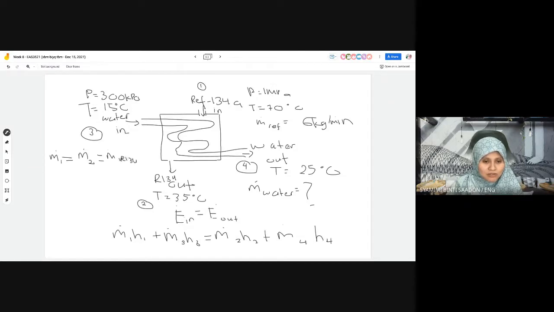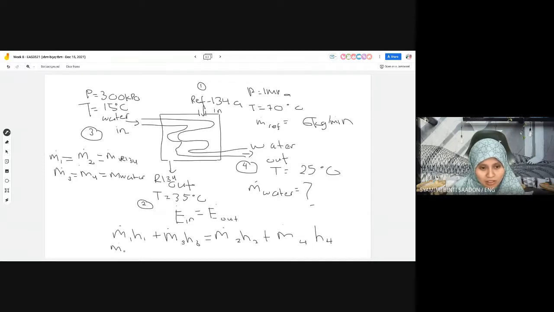R134a just now, and we also have water, the one that we are going to calculate. So we can factorize and rearrange these equations because M1 equals M2.